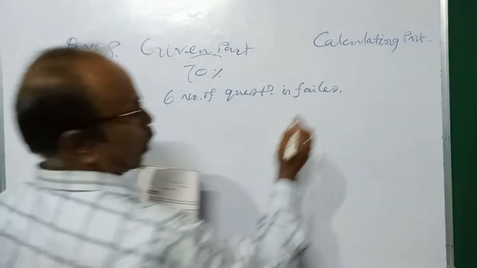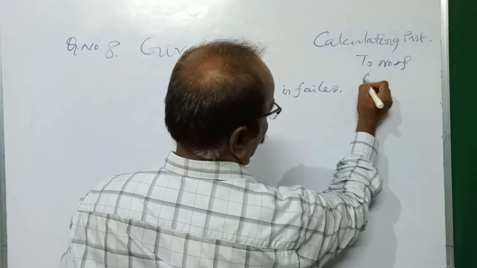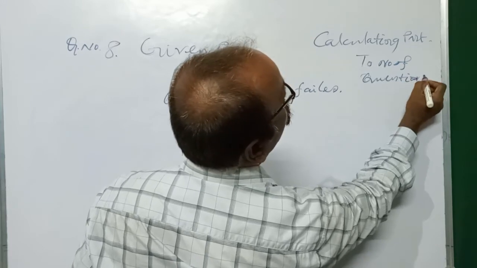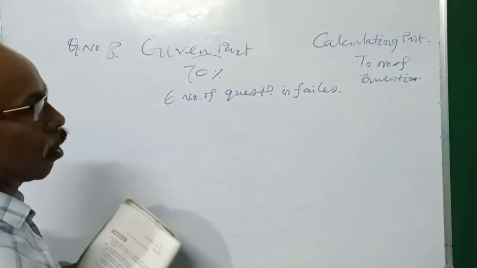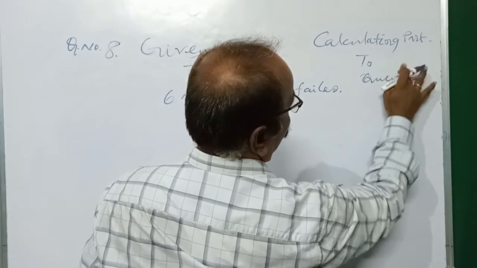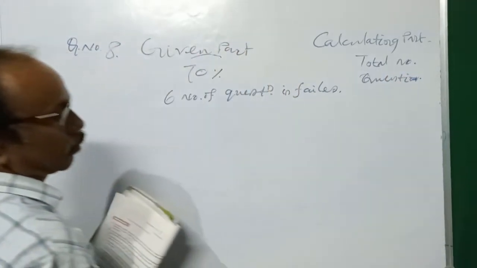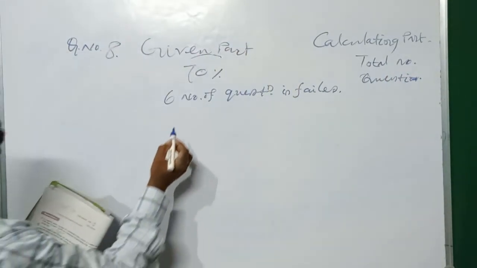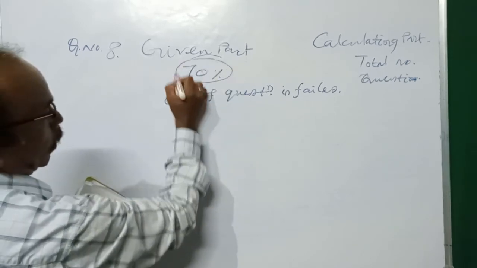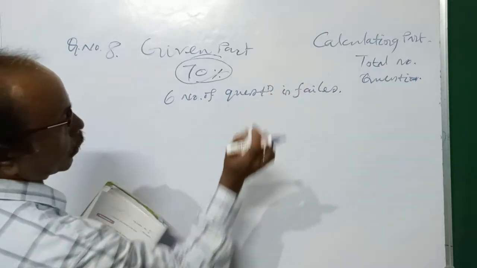What was the total number of questions? Total number of questions. My dear student, Robbie gave 70% answer. Failed 6. 6 number of questions failed.